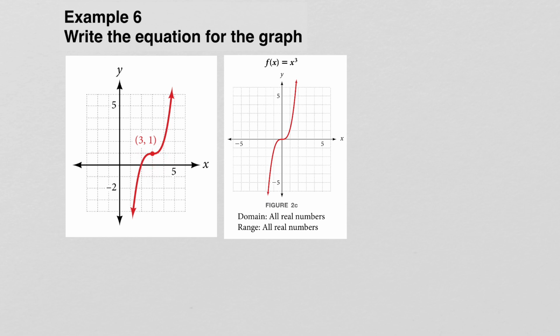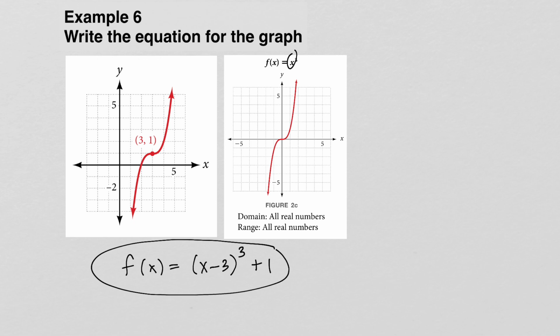So what would the equation for that graph be? Well, let's think about it. To move it 3 units to the right, we have to subtract 3 from x before we cube it. And then to move it up 1 unit, we would simply add 1 after that. And this would be the equation that represents this graph.